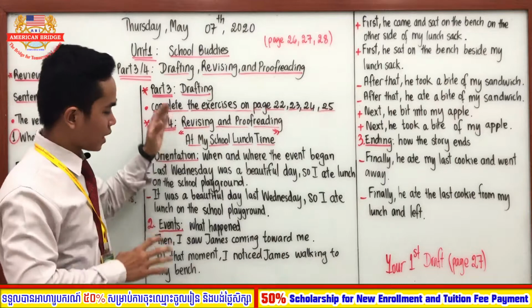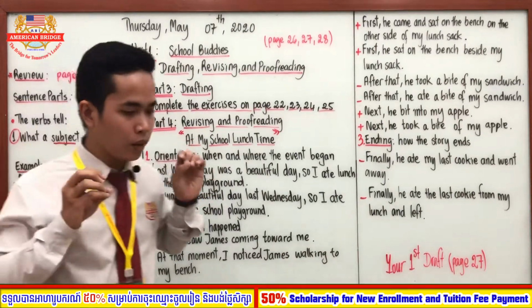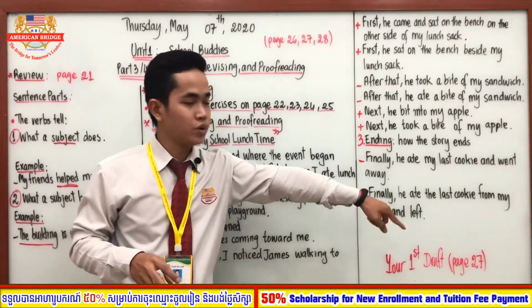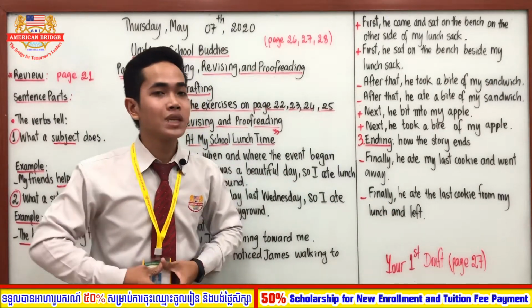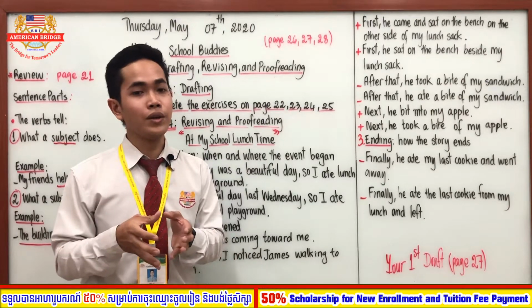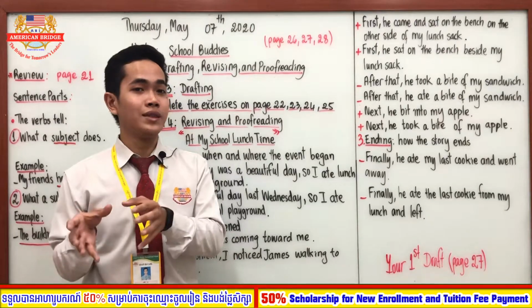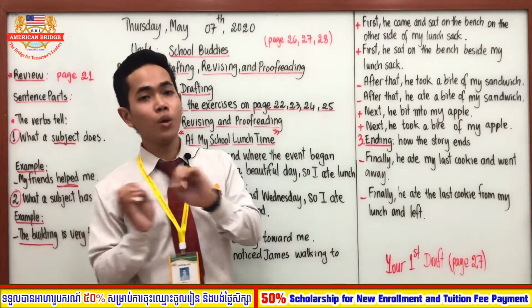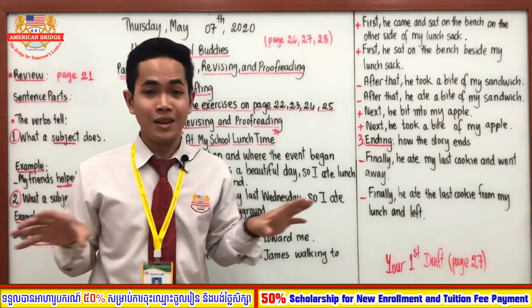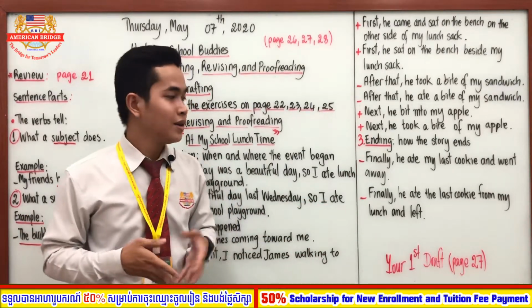You can put them into your first draft on page 27. To do this exercise, you can pause the video, and after you finish it, or if you have any question, you can ask your homeroom teacher, and your homeroom teacher will provide you the explanation.